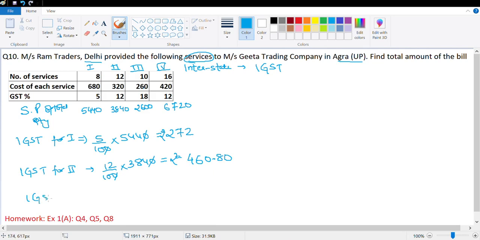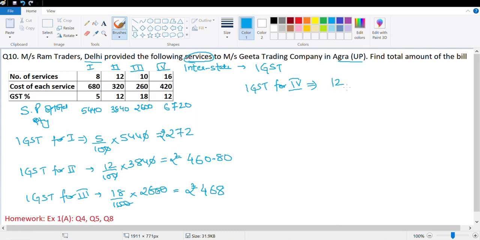Next, IGST for service 3 is 18% of 2,600. That's 26 into 18, equal to rupees 468. And the last one, IGST for service 4, is 12% of the selling price, which is 6,720. The calculation works out to rupees 806.40.